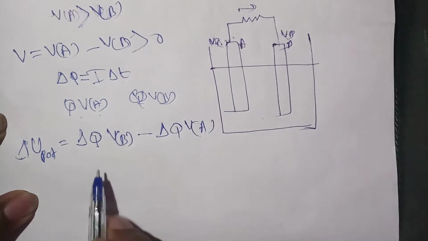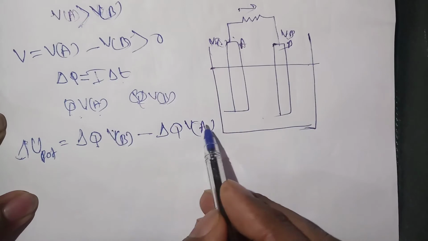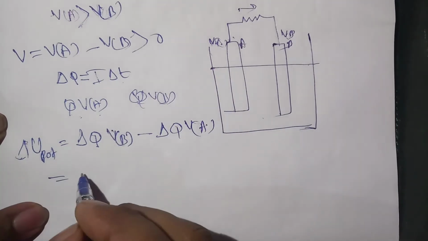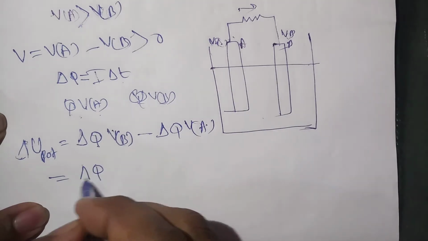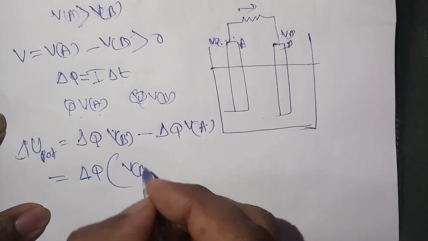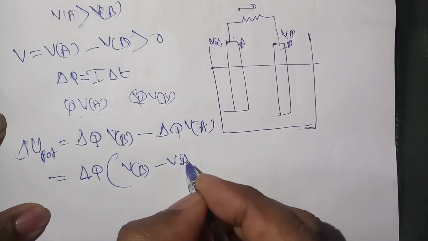When you take the change in potential energy, we have to take final potential energy minus initial potential energy. So this is given by delta Q into, within brackets, VB minus VA.